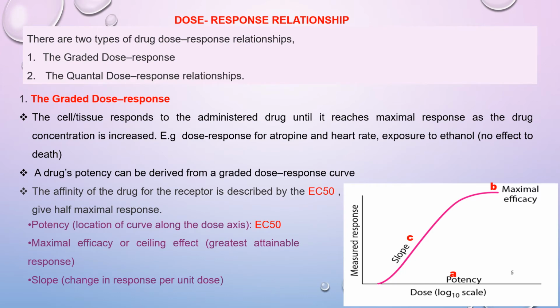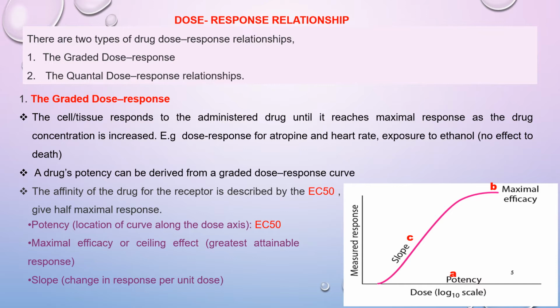The drug dose-response relationships are of two types: graded dose response and quantal dose response. The graded dose response is the response curve plotted with gradual increase in the drug dose till the administered drug reaches a maximal response, as shown in the figure below.